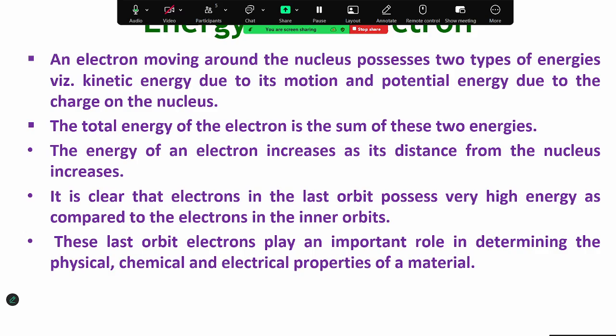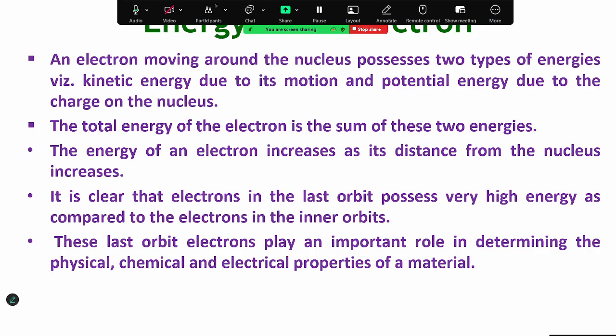For the planets, there are two types of energies available: kinetic energy due to motion, and potential energy due to the charge on the planet towards the sun. The total energy is the sum of these two, so it will revolve around the sun. The same way, electrons revolve around the nucleus.